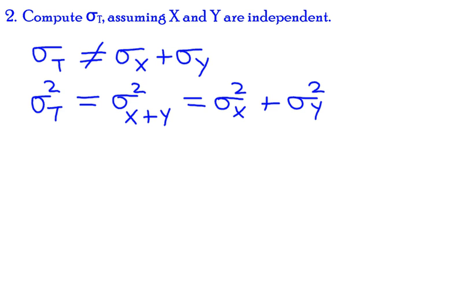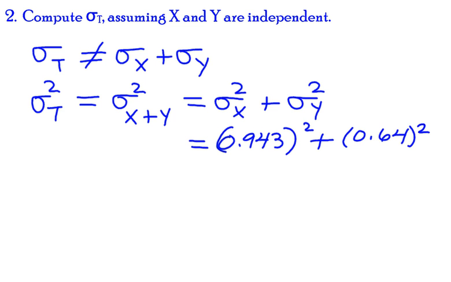So the variance of t is 0.943 squared, which is the variance of x, plus 0.64 squared, which is the variance of y. If we do that, then take the square root, we're going to end up with the standard deviation.